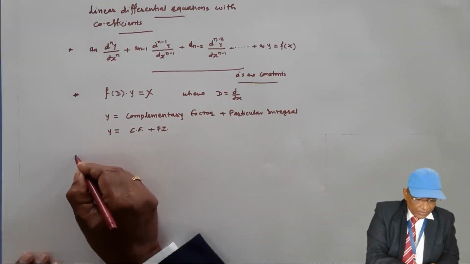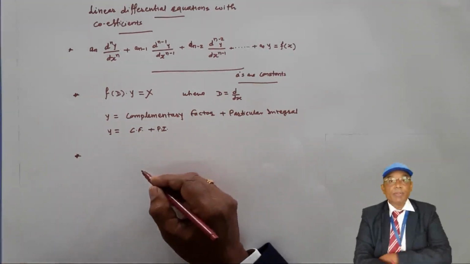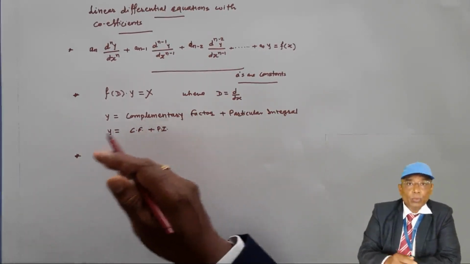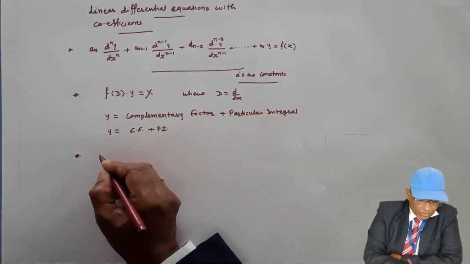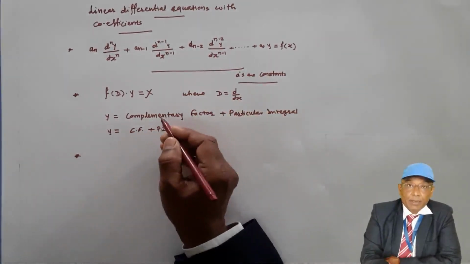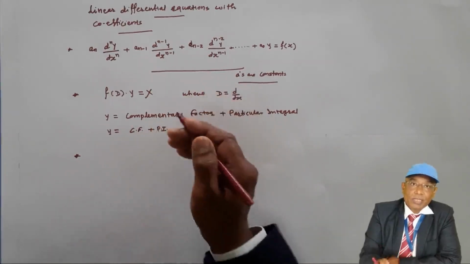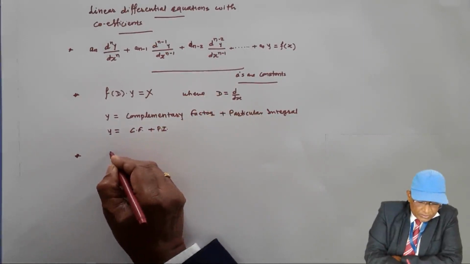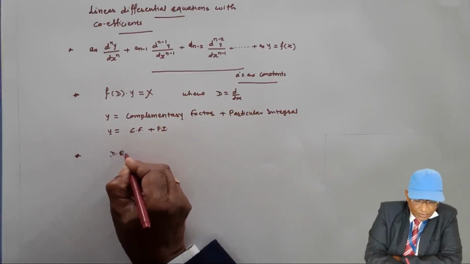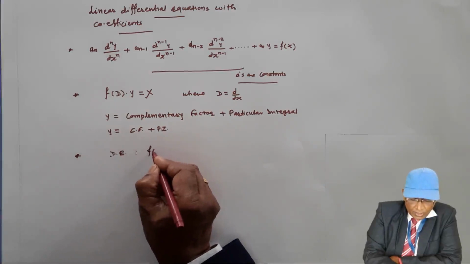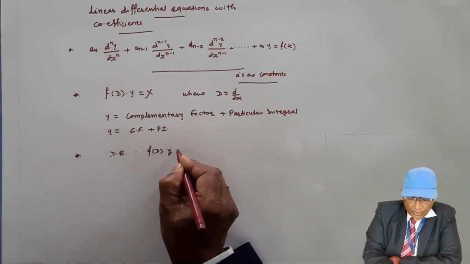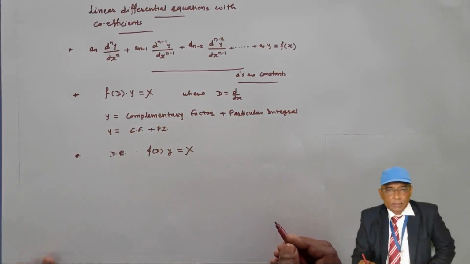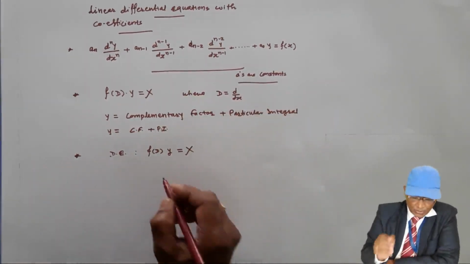When you find the complementary factor, there are different ways, different rules and cases. The complementary factor depends on the roots of an auxiliary equation. I will tell you what an auxiliary equation is. This is the differential equation f(D) y equal to X, where f(D) is a function of D, and this capital D is the derivative with respect to x.